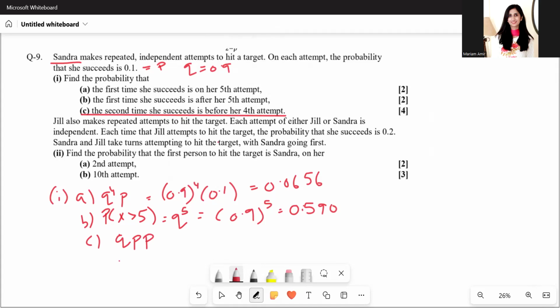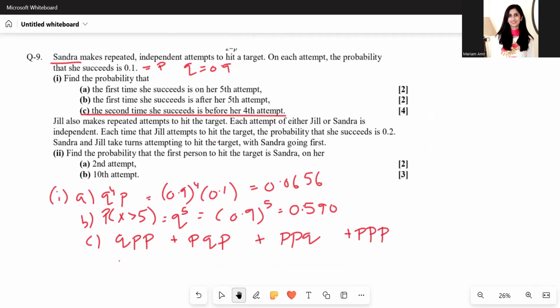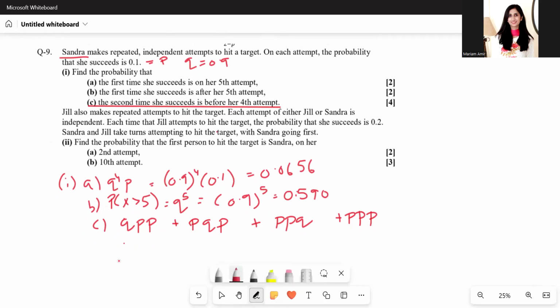Or we could also do P, Q, P. That means success, failure, success. Or we could also do P, P, and Q. In fact, we can also do success, success, and success. That would also work, because even in this case, the second time she succeeds is before the fourth attempt.